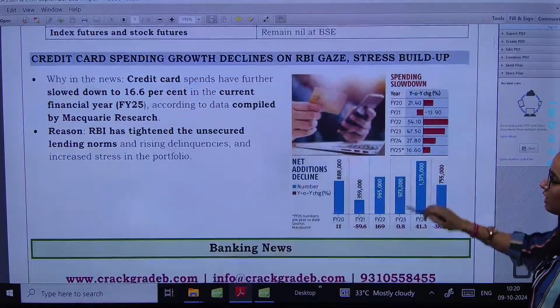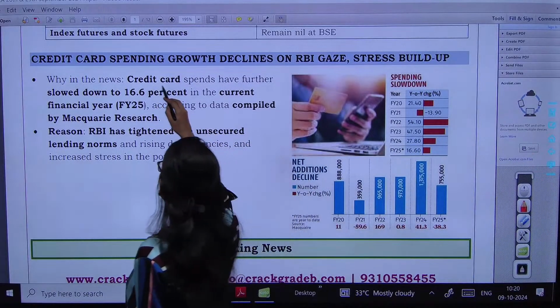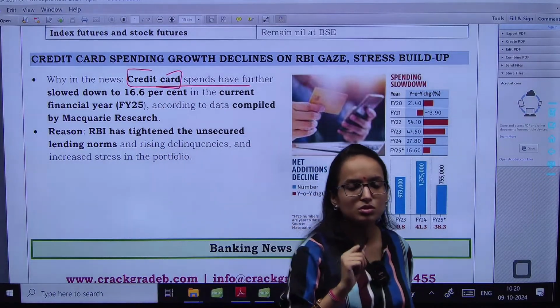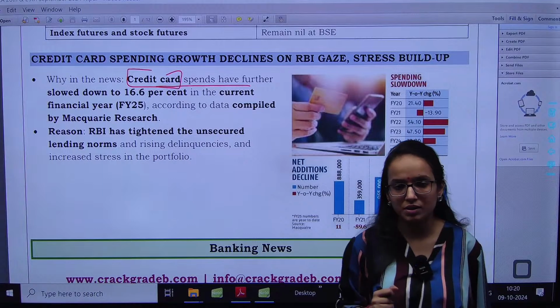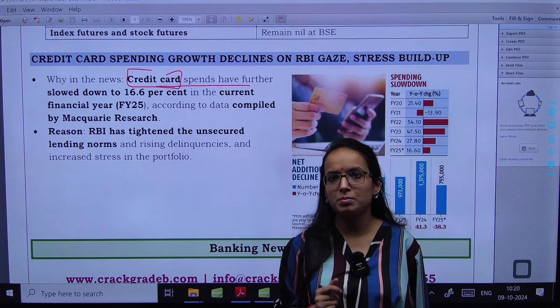So next news we have in this category is credit card spending. It has further slowed down. You should remember this trend going on, that credit card spending is slowing down, right? It is reducing. Why? If you remember the previous CA, do you remember that? Anyone?